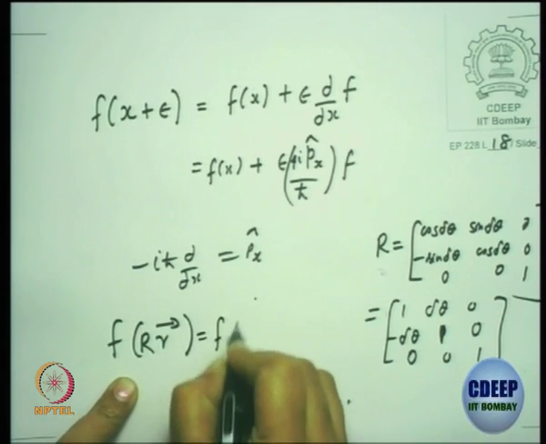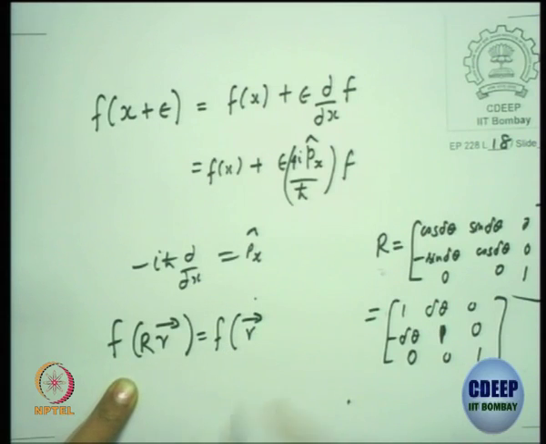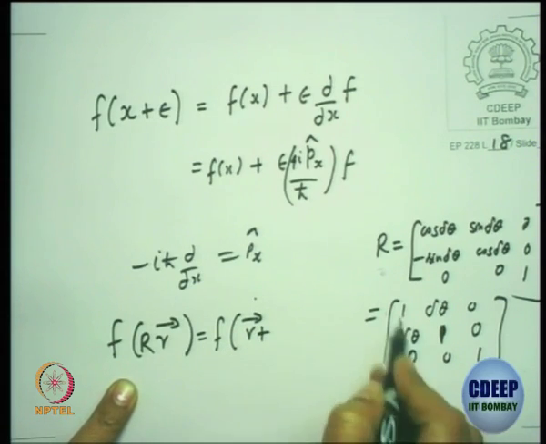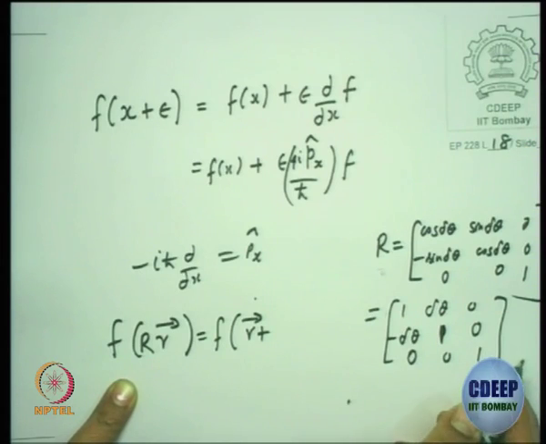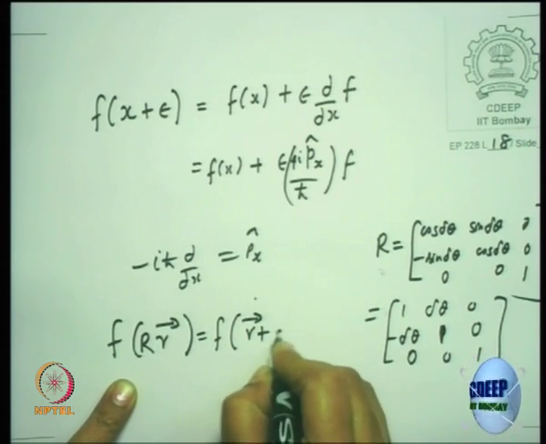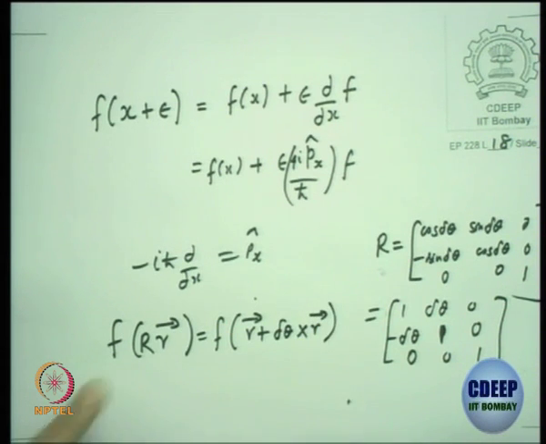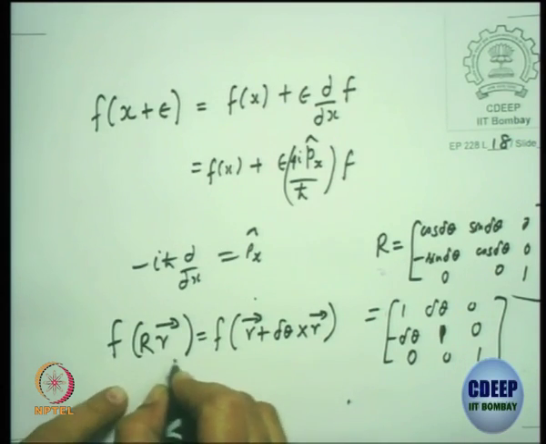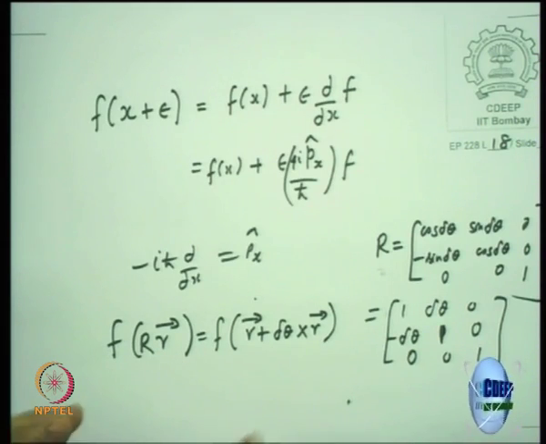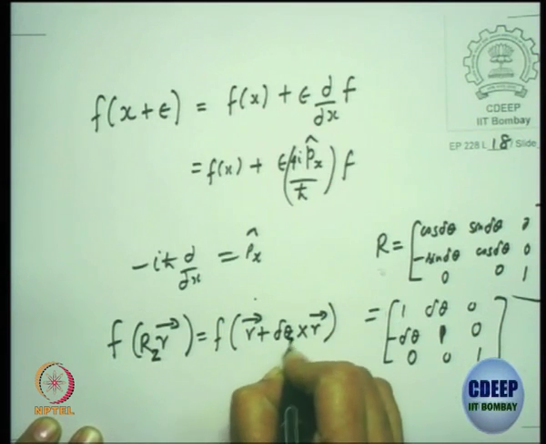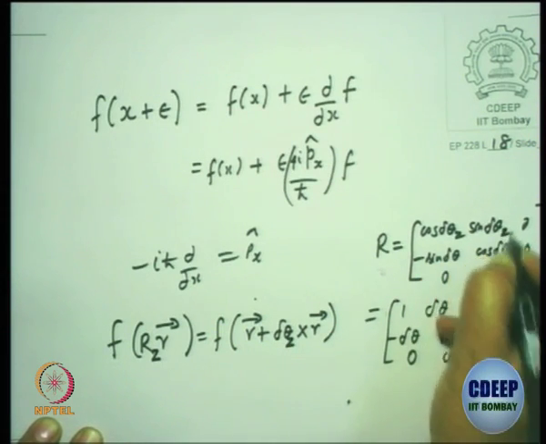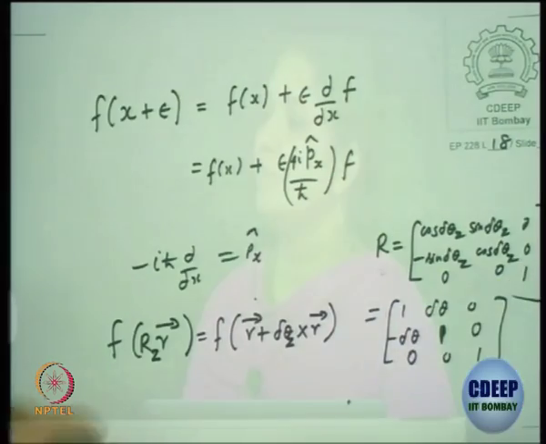It is f of r vector plus this off diagonal matrix. You could perhaps write it as some delta theta cross r vector. Check it out. I am doing this for a rotation about z axis. Just for that, let us keep this rotation about z axis and put this theta also about z axis. You understand what I mean?